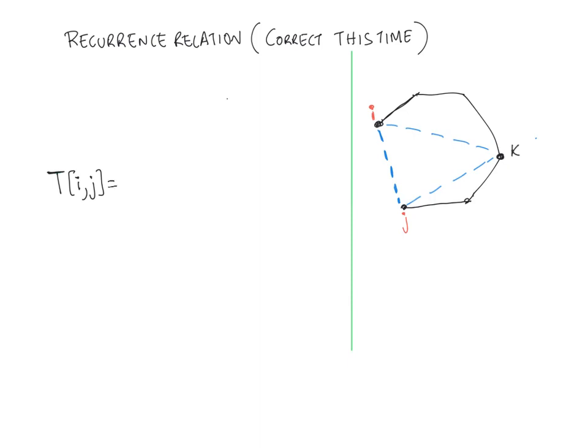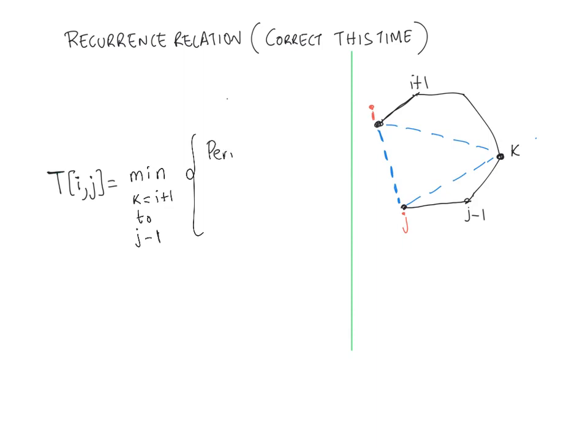Clearly the vertex K can take any value from I plus 1 all the way up to J minus 1. So our optimal value would be the minimum over all possibilities of K equal to I plus 1 to J minus 1 of, if we use the triangle IJK, then we pay for its perimeter.